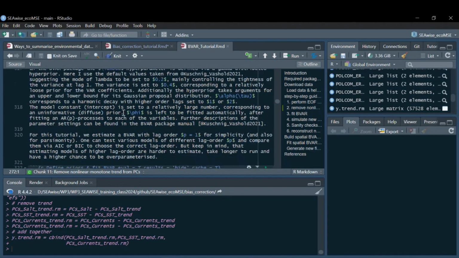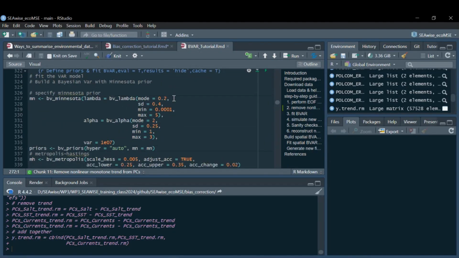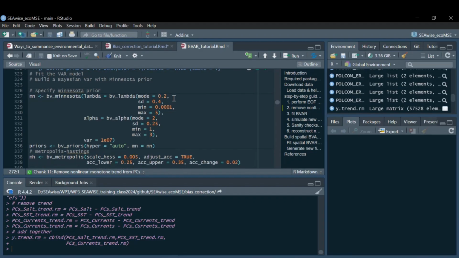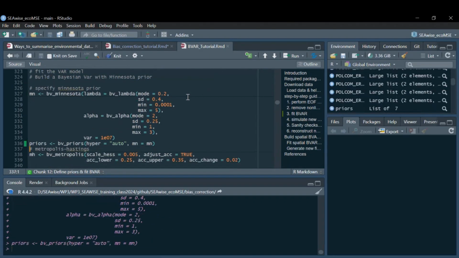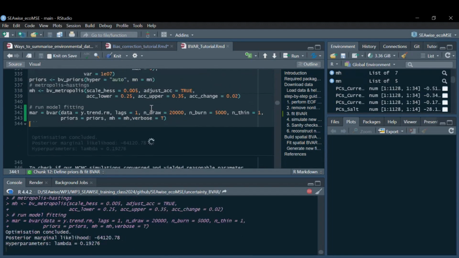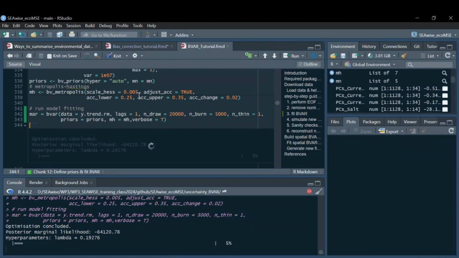Here's some more theory. And here with the code, I define those priors, which I just took from the tutorial of the BEAVA package, more or less, as a first guess. And then when we have those priors defined, we put this into the BEAVA procedure. And here you see it gets fitted, takes around, depending on your model, 2 to 4 minutes for this particular data set.